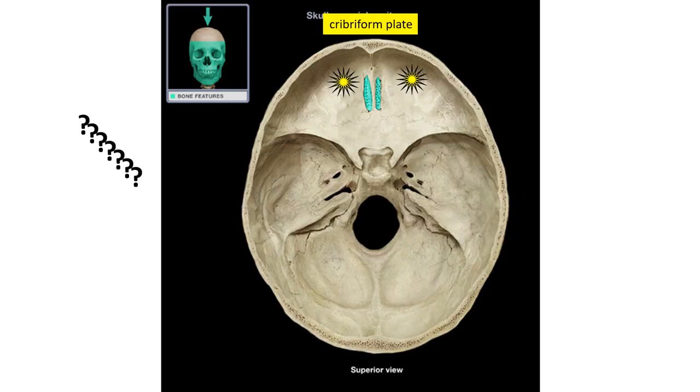Therefore, these two areas are called the orbital plates of the frontal bone. And the green marked stars is a structure that you are supposed to know by now.